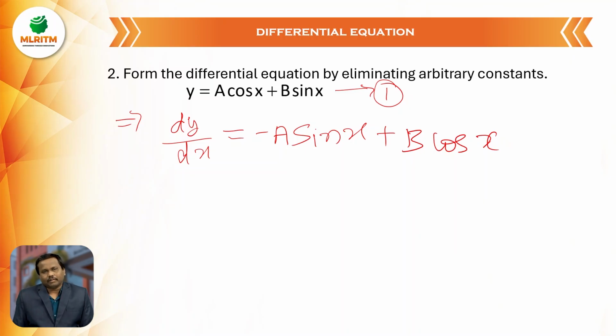Our aim is to eliminate the arbitrary constants, so I am going to differentiate once again. Call this equation number 2.